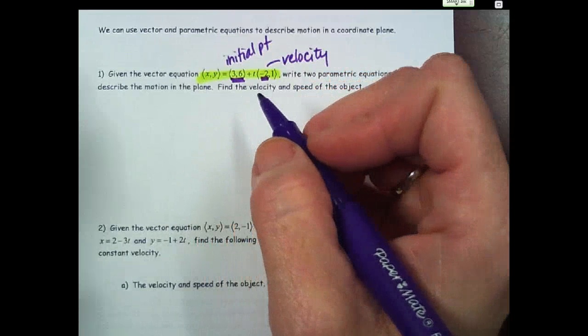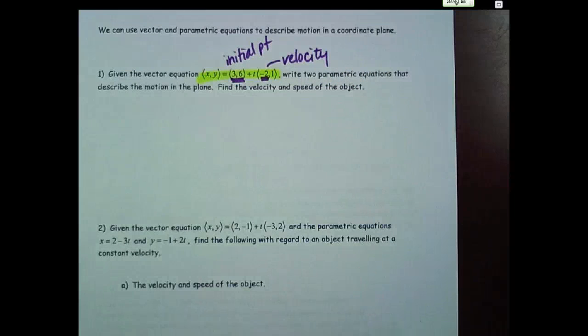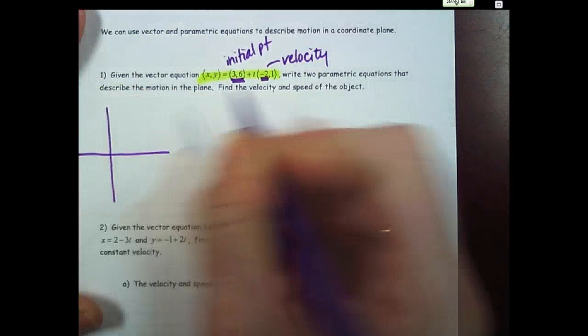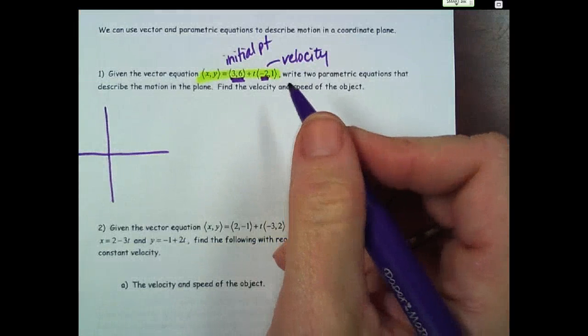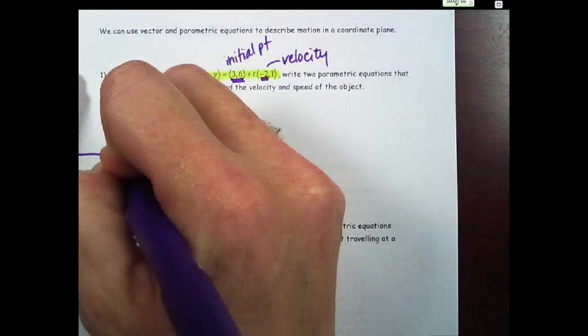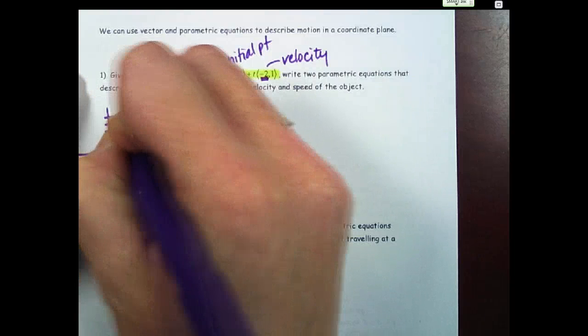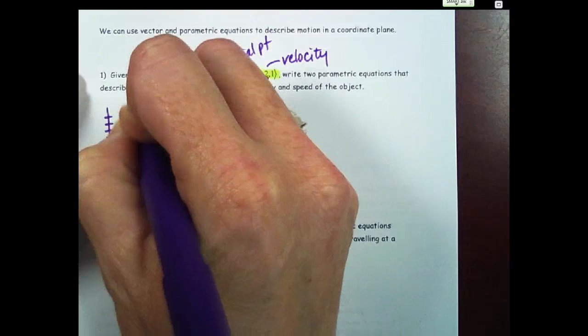Right? So if you're going to draw a picture of that, just to see a picture one time, let's look at a picture of our vector. Okay? So graph it. We're going to start at 3, 6, which is here. This is our initial point.